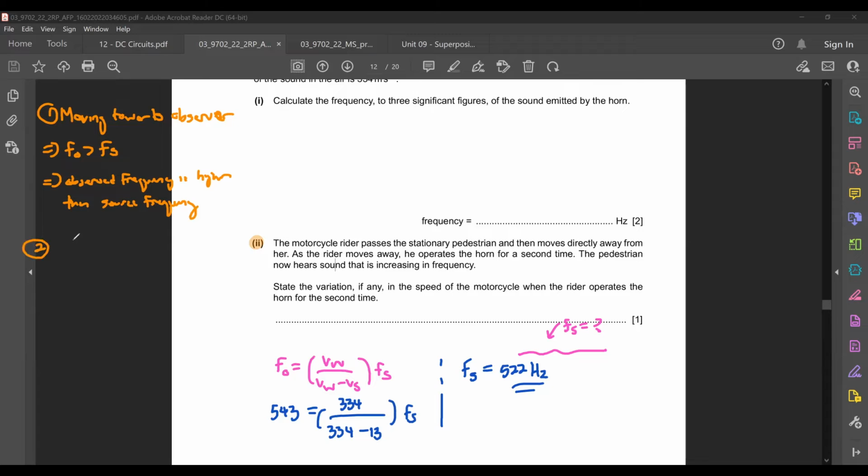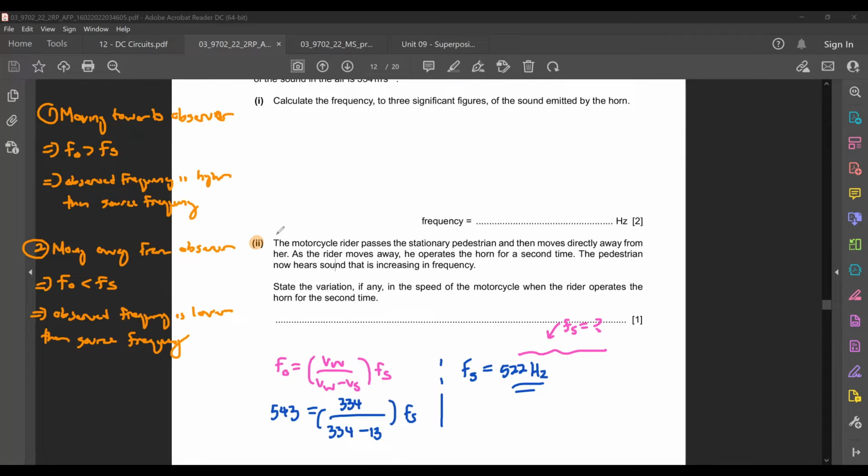But on the other hand, when you're moving away from the observer, your observed frequency will be less than your source frequency. Basically, your observed frequency is lower than your source frequency. This is what we mentioned.